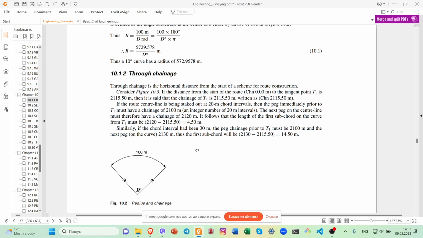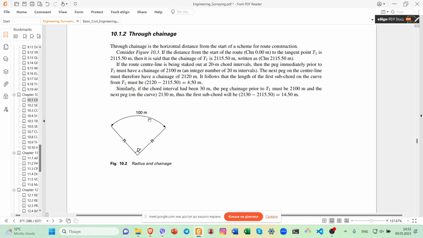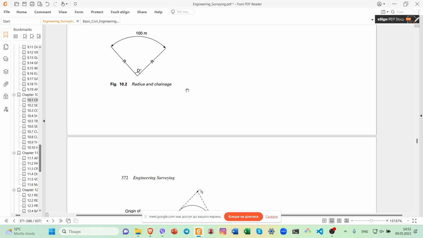Through chainage is a horizontal distance from the start of a scheme for road construction. Consider figure 10.3.